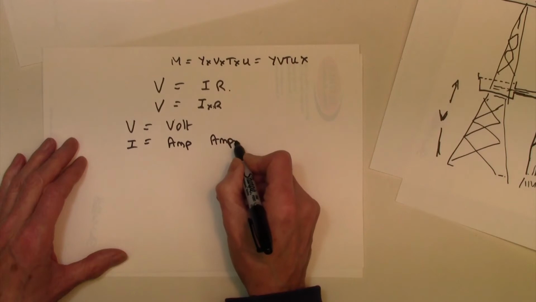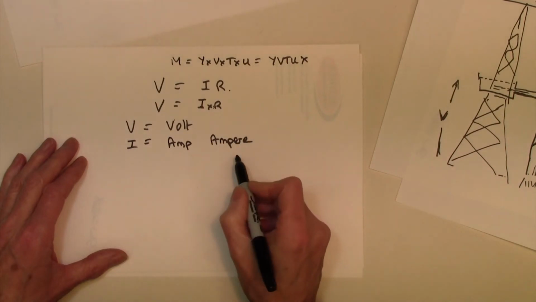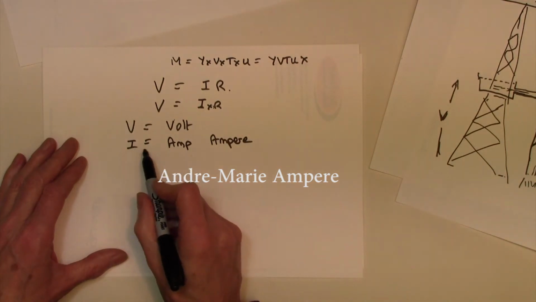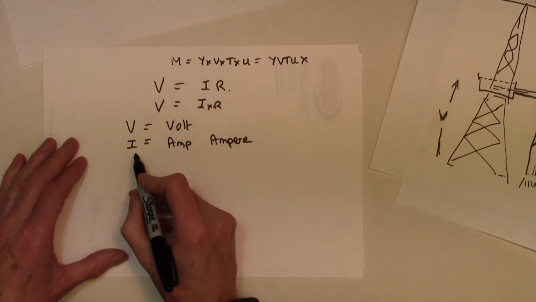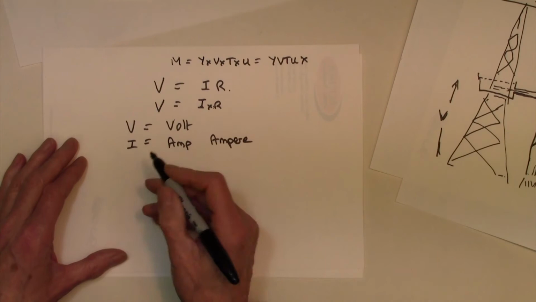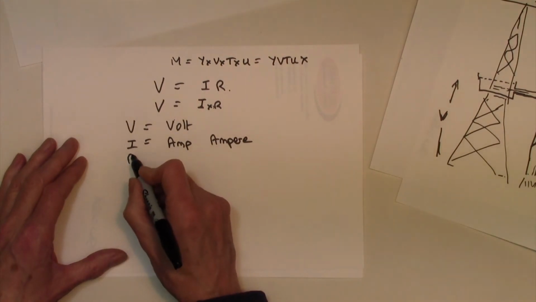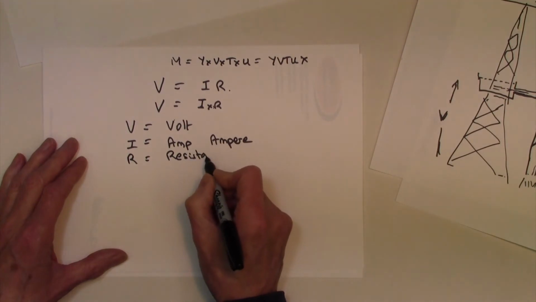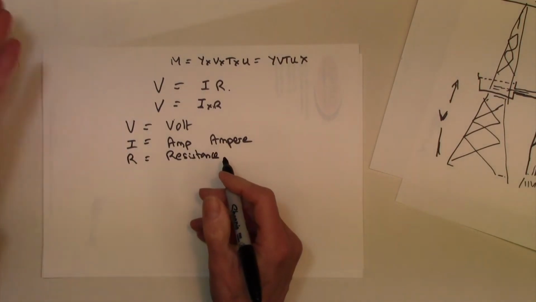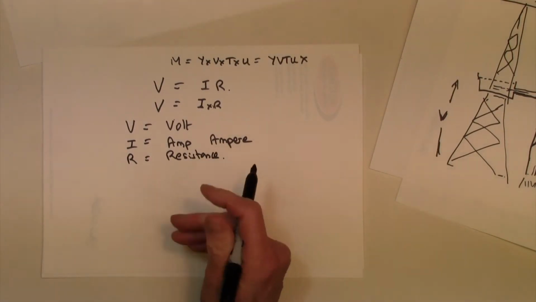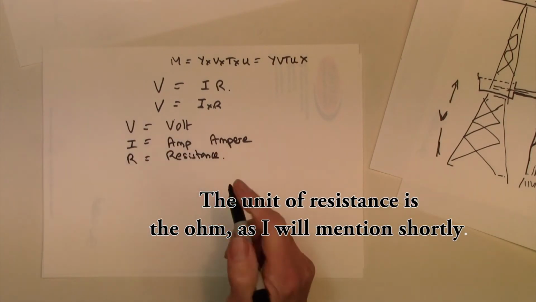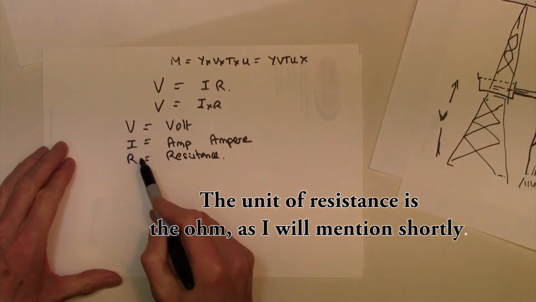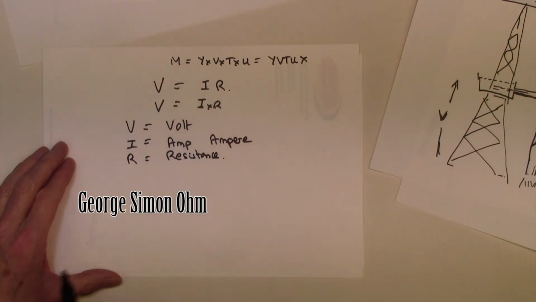Excuse me if any historians are here and screaming at the screen, but I think it was Ampere who coined the term amp. And you'll be pleased to know there's not a Mr. Henry resistance anywhere, but R is just for resistance, and it's such a useful term. We know what resistance means. You knew what it meant when I put it in the pipe. When I put a kink in the pipe, it's just anything that resists the current flow. So those are our units here, volts, amps and resistance.